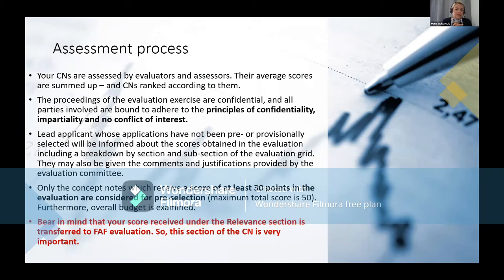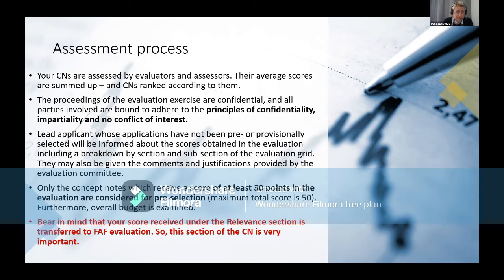Assessors are basically supporting the evaluators in cases where there are a lot of concept notes submitted, which is expected under this call, because there are 3 lots and a lot of interested parties to participate. So the assessors support in their assessment of the concept notes, and the average scores are summed up, and the concept notes are then ranked according to the average scores.